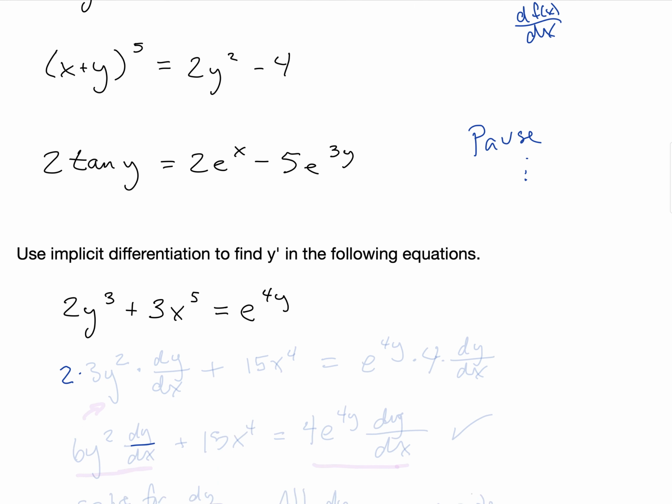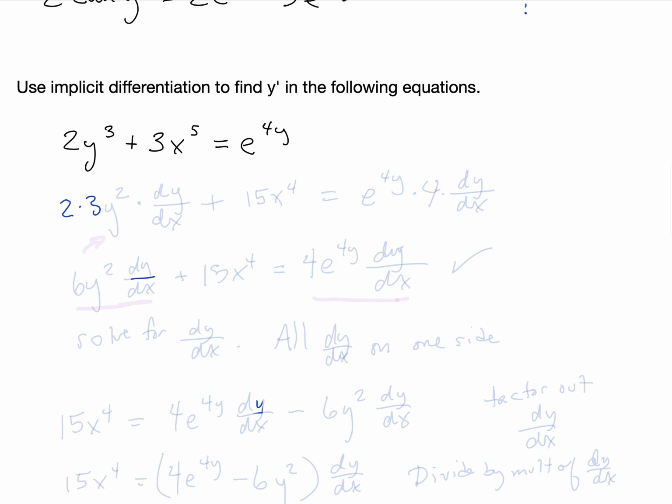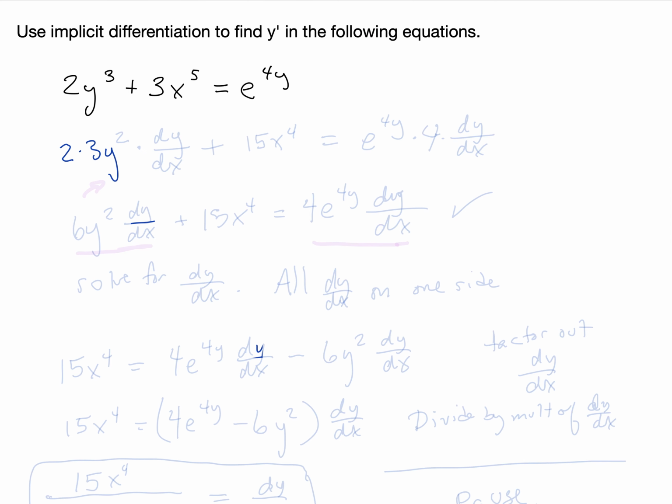So 2 times something to the third power, 3, leave the inside function y alone, subtract 1 from the exponent. We've done the derivative of the outside, and then we multiply by the derivative of the inside function, which is y, a function of x, and that's dy dx.